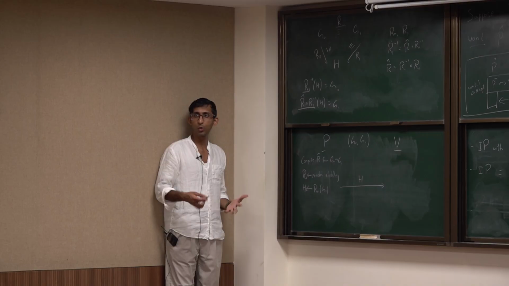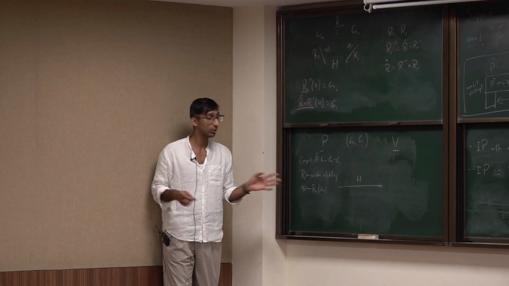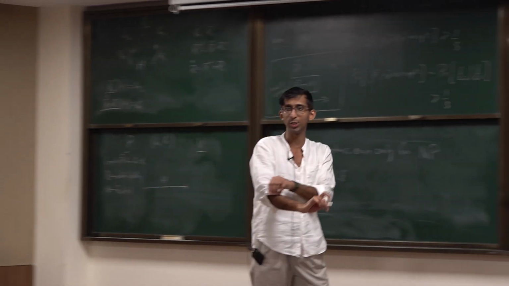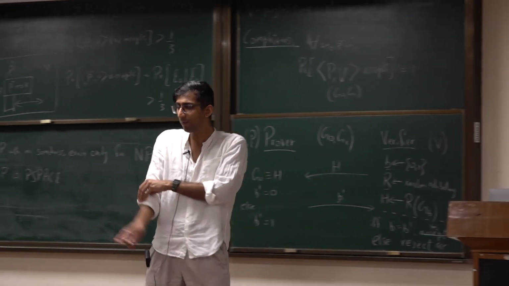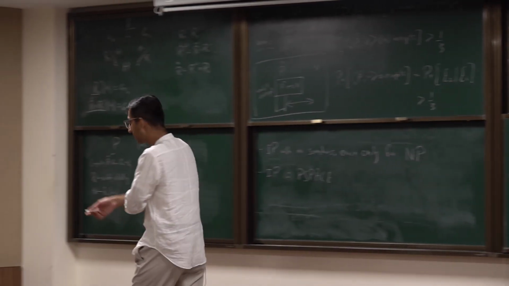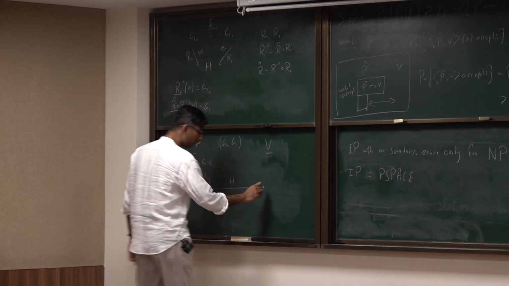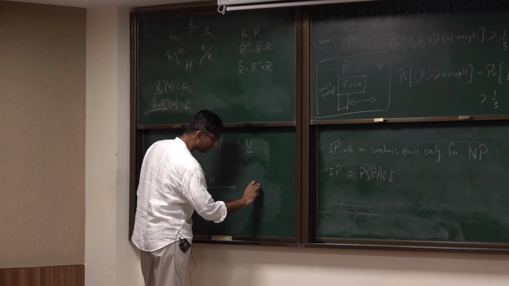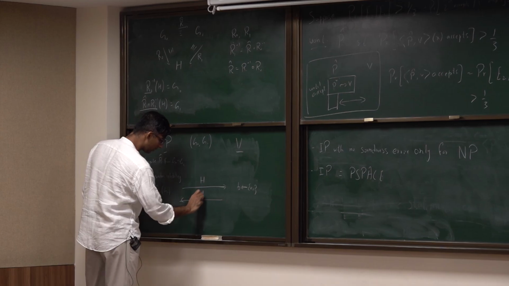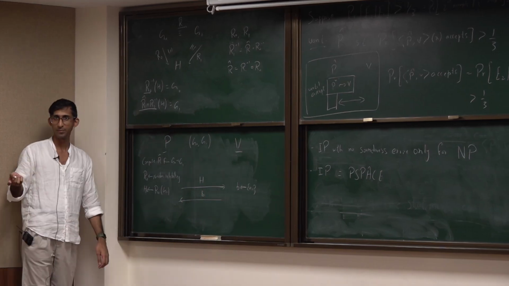So it computed the random H and sent it to the verifier. And now the verifier says, okay, if the prover is saying here's an H, it's isomorphic to both G0 and G1. If it's isomorphic to both of them, then give me an isomorphism to this particular one. So the verifier is going to pick a random bit B and tell the prover, give me an isomorphism to the graph GB.